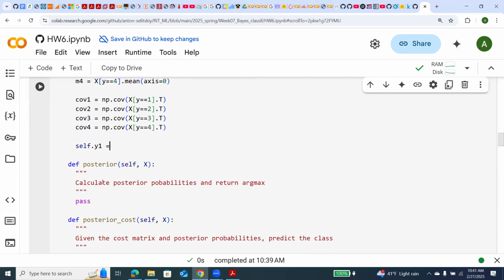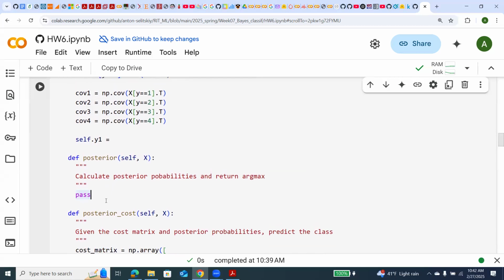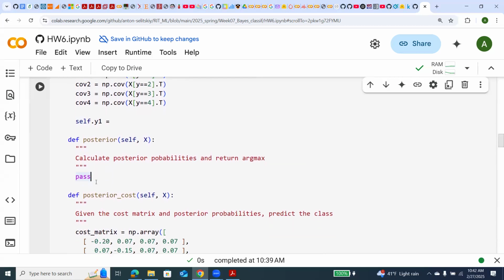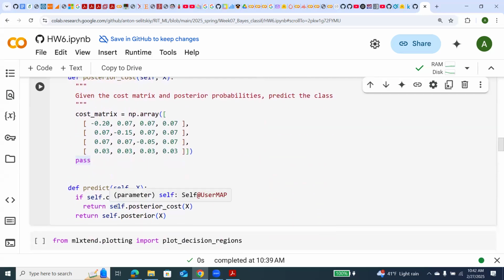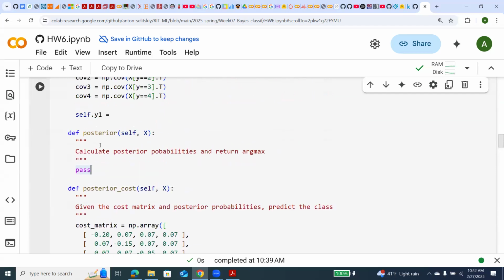And finally, you calculate the posterior. So we don't use the hard classification.